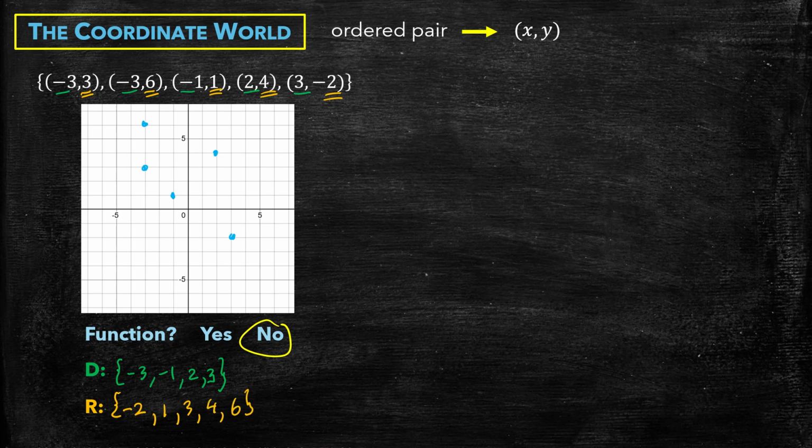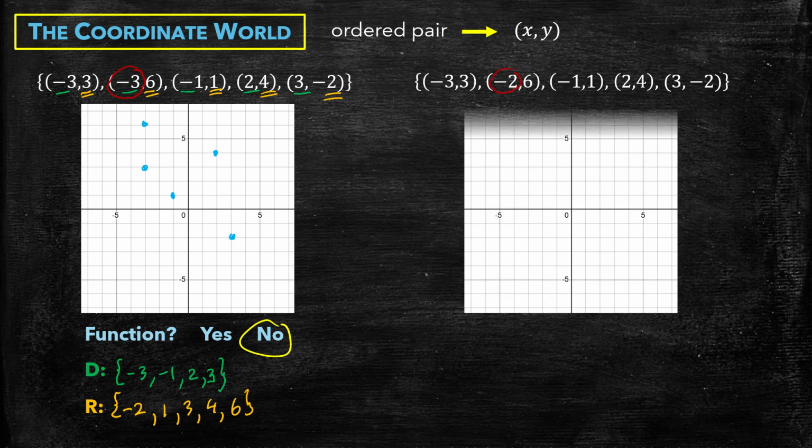So how could we make this into a function? And this time I'm going to realize that, well, one of those -3's has to go. So maybe I might just change that -3 to a -2. And if we graph that now, let's see, (-3, 3), (-2, 6), (-1, 1), (2, 4), (3, -2).